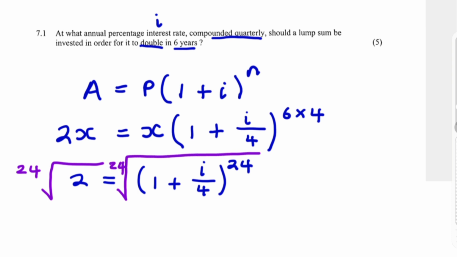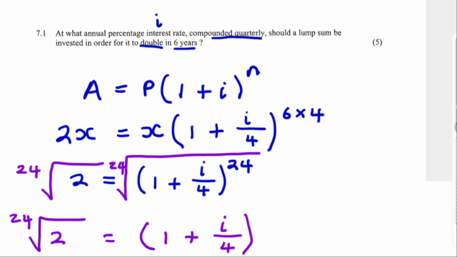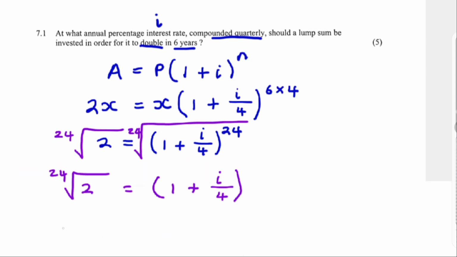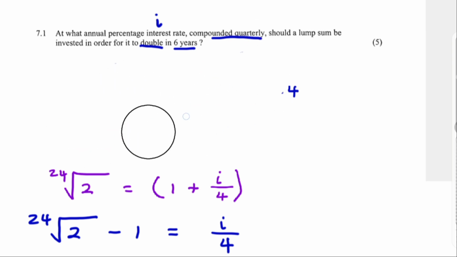So this leaves me with 1 plus I over 4 on the left hand side. So then I can bring the 1 over, so that is the 24th root of 2 minus 1 is equal to I over 4, and then after bringing the 1 over, this whole thing here, I can multiply it by 4.